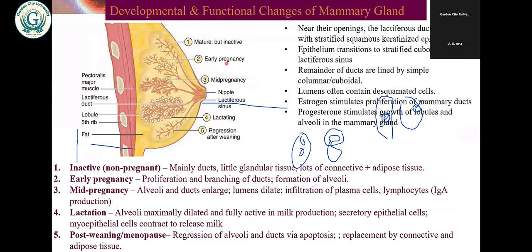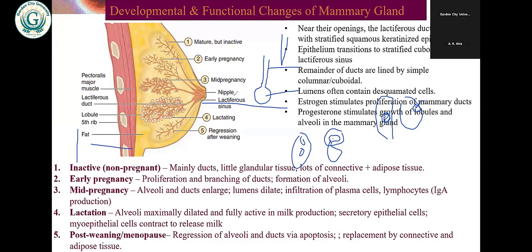Remember, when we say alveoli, in first year we said this is how a secretory exocrine gland looks. These are the ducts, and this one is the secretory portion. The secretory portion can be tubular, or it can be acinar or alveolar, shaped like grapes. So we call it alveoli.